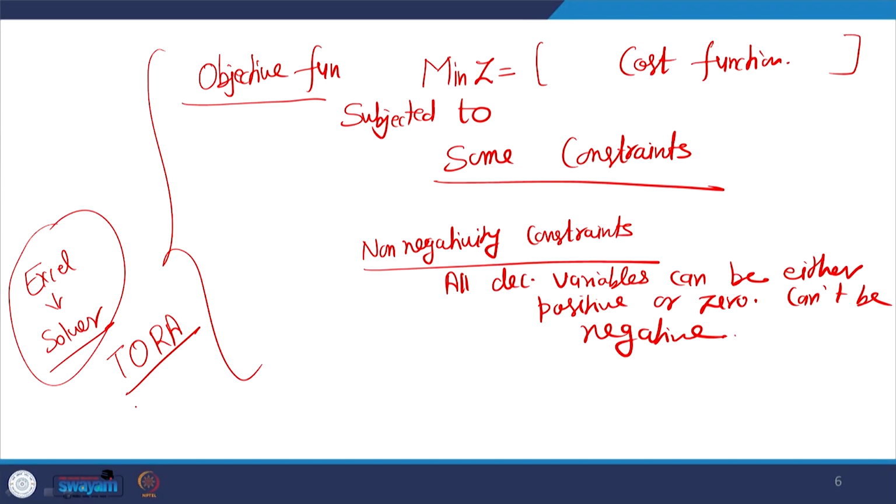And once you formulate the problem correctly, then different tools are available. Tora is there. Then you can also use Lindo, which is also a very popular operations research software, and using Lindo also you can solve your problem. So, multiple software are available depending upon the availability with you.